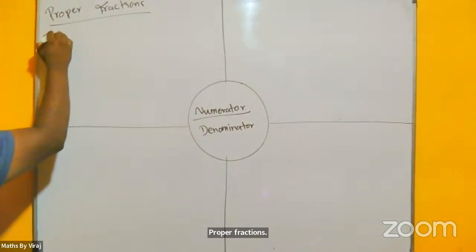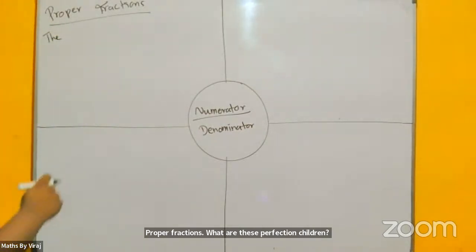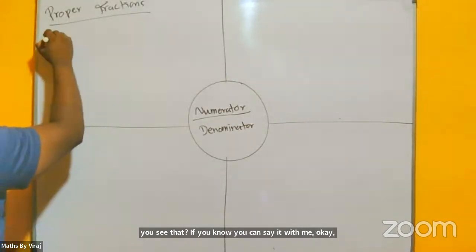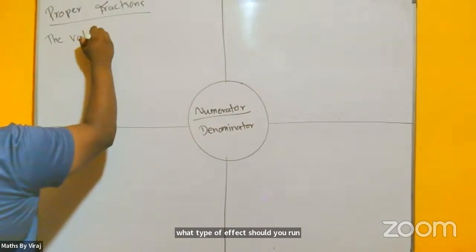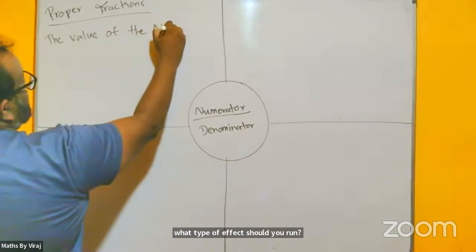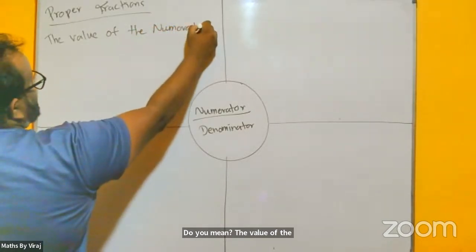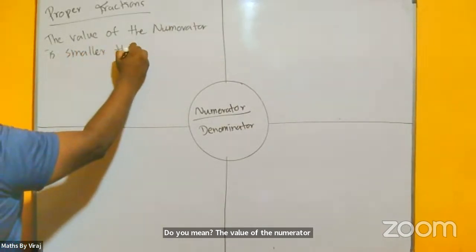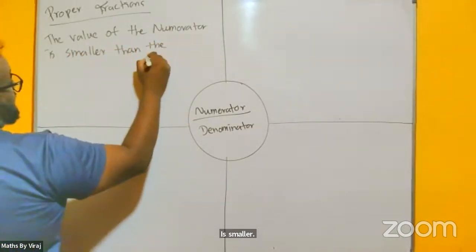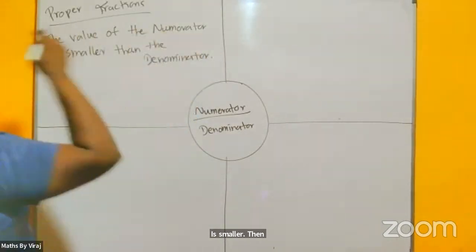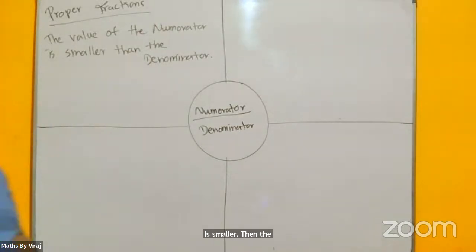What are these proper fractions, children? If you know, you can say it with me. The value of the numerator is smaller than the value of the denominator.